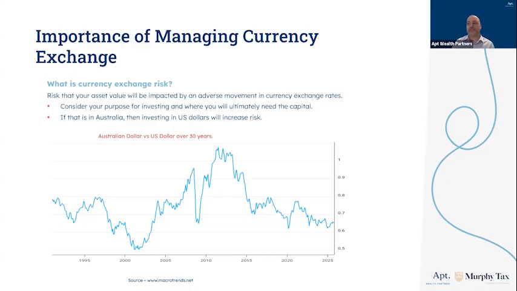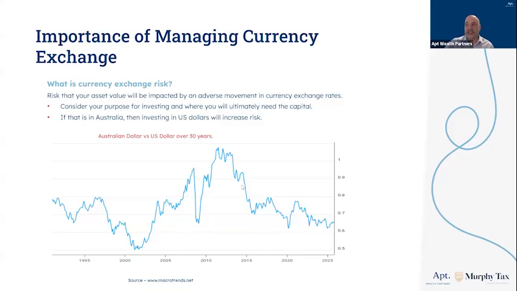So whilst the investment return is going to be very important, that investment return in Australian dollar terms is going to be dictated by, one, the investment performance, but also the currency exchange. And this is an example of what's happened in recent times, or really over the last 30 years or so. You'll see the volatility that happens in the currency exchange. The US dollar against the Australian dollar can sit in certain trading patterns for very long periods of time.